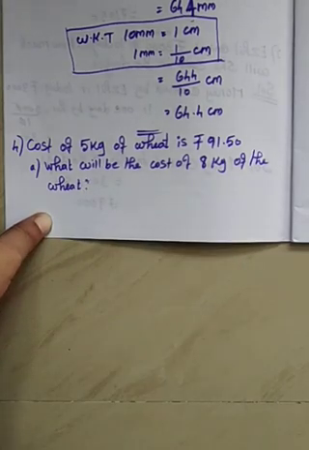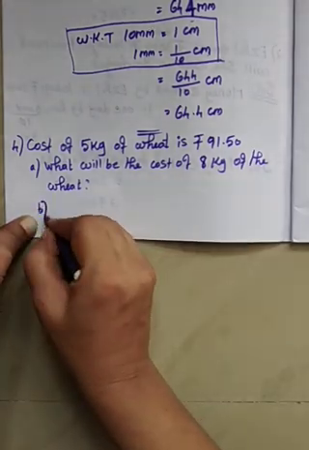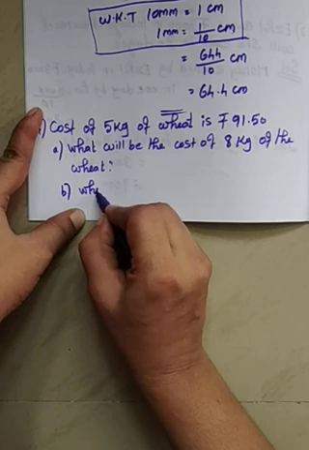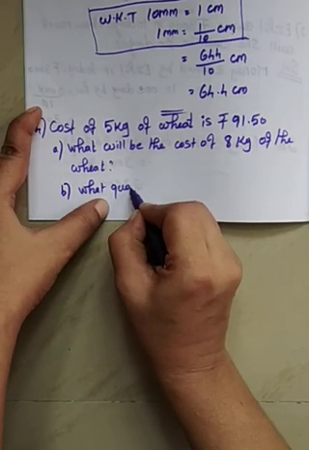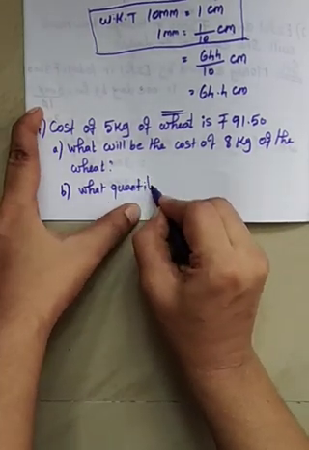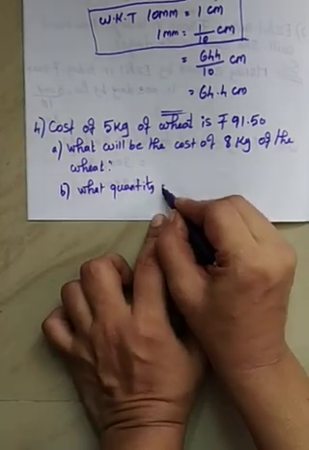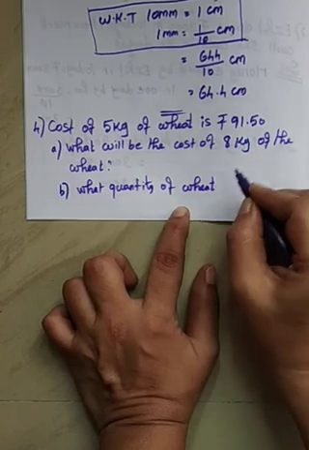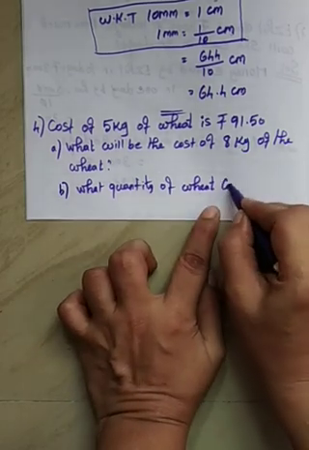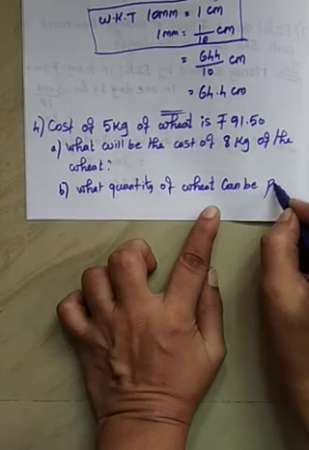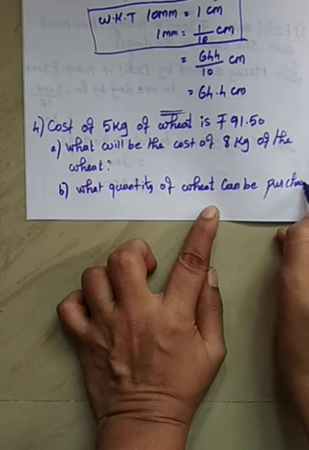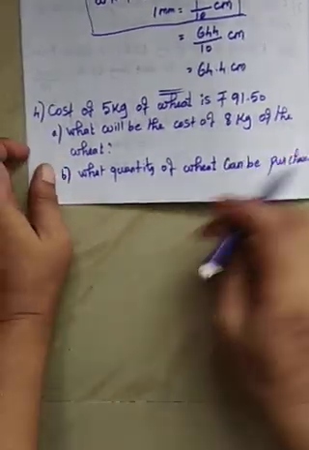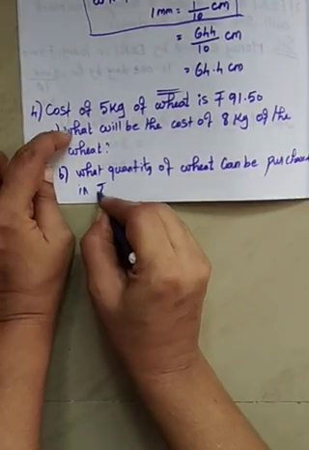The next, what quantity of wheat can be purchased in rupees 183.